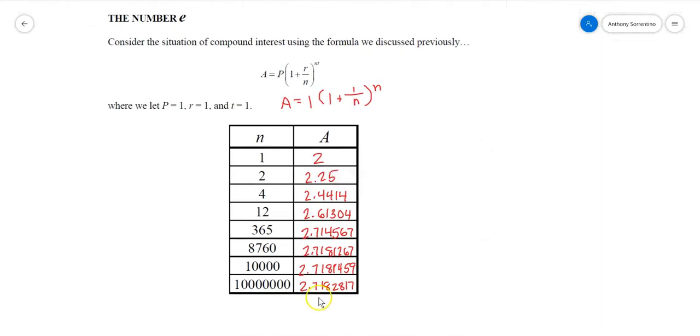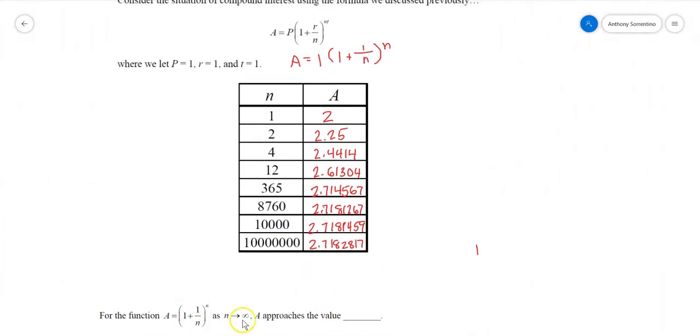And so what ends up happening is if you keep going and making n bigger and bigger and bigger, the more decimal places stop changing, and you end up with a number as we approach infinity, as n keeps getting infinitely big, that's about 2.7182818284, and it keeps going on, but there's no discernible pattern to it.